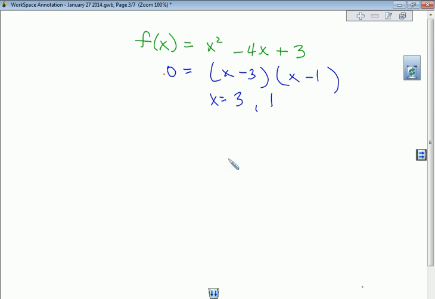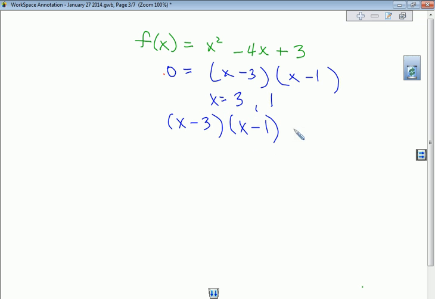So if we thought of this instead of as an equality, if we thought of it as an inequality, what would we need to do to solve it? So we know it factors to this, x minus 3, x minus 1.